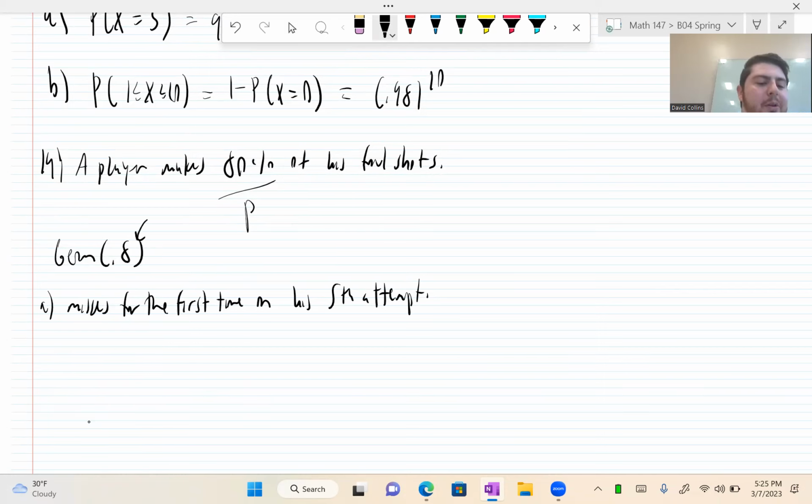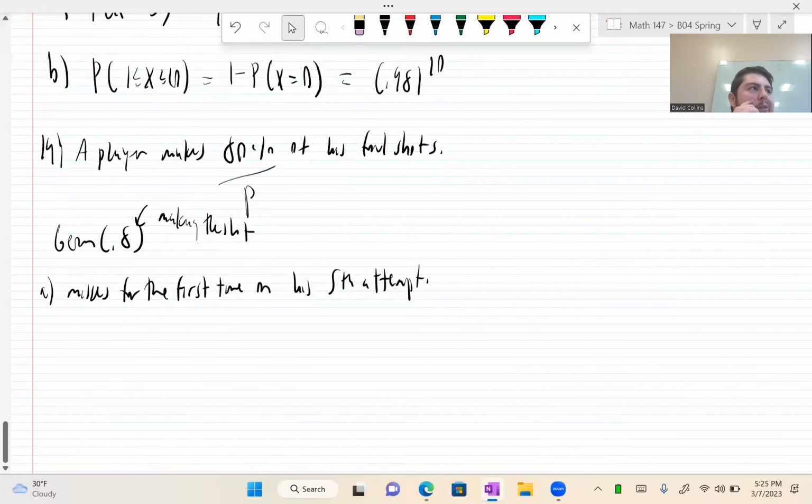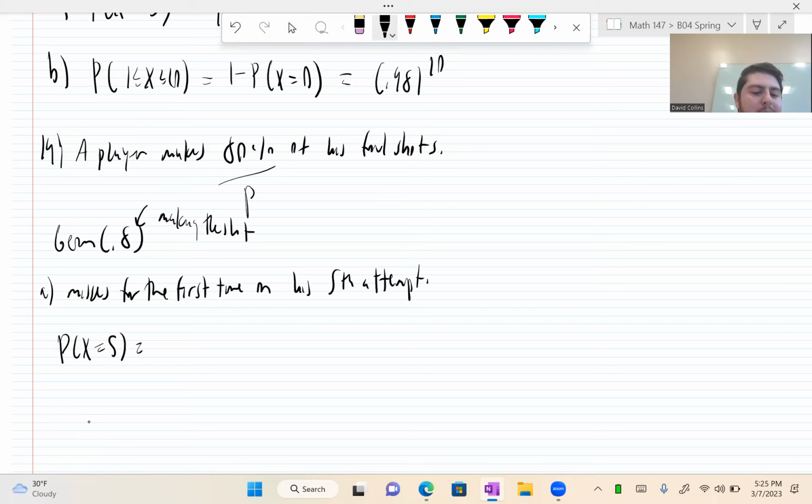So this refers to making the shot, but now we want him to make 4 shots and miss the 5th one. Does everyone see that? So we want him to make it 4 times and miss once. You guys see that? This is 0.081.